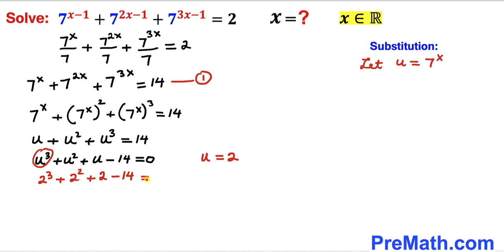My question is, is this equal to 0 on the right hand side? We can see this is 8 + 4 + 2 minus 14. Question, is it equal to 0? We can see 8 + 4 + 2 is 14. Minus 14 is indeed going to give us a 0.